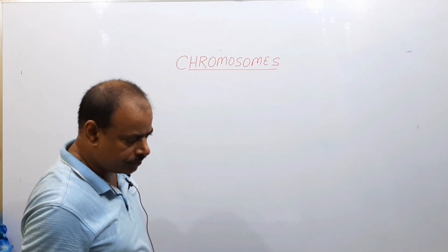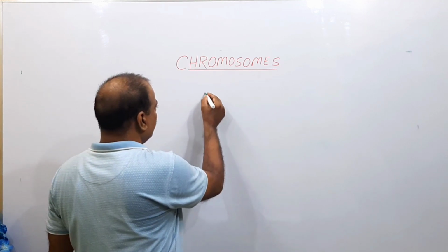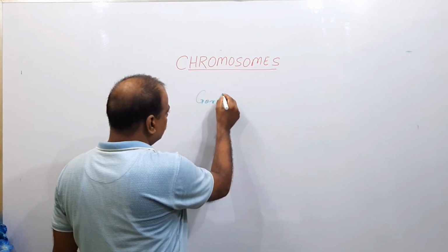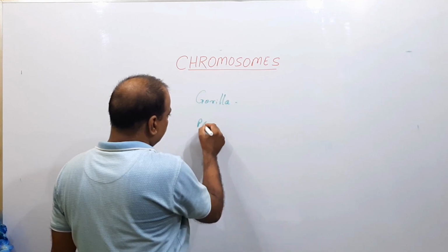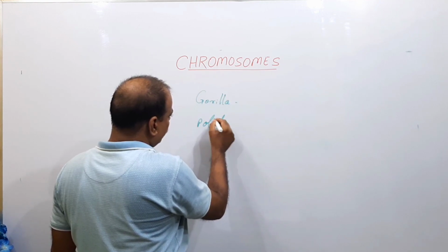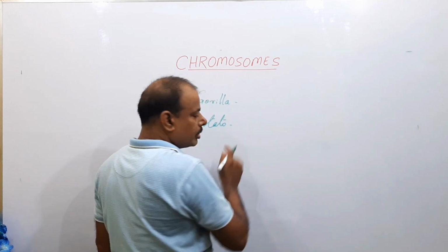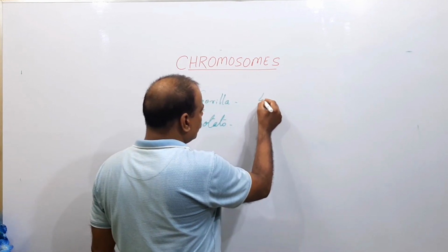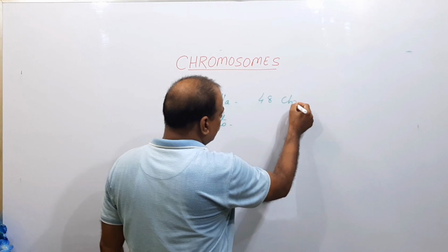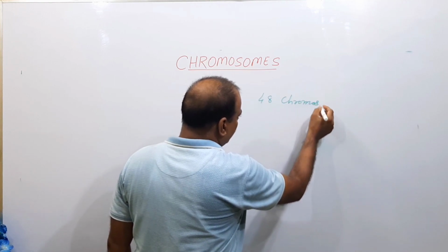Again, we can take an example of gorilla and potato. In these two organisms, the number of chromosomes is 48.